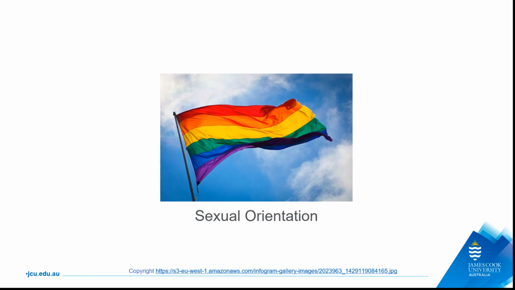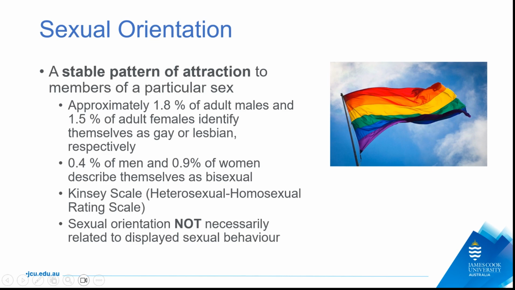Okay, so basically sexual orientation is a stable pattern of attraction to members of a particular sex. Usually most of us are heterosexual, and some of us are bisexual, which means that you like both sexes. It's usually measured using questionnaires, like the Kinsey scale, a very famous scale.